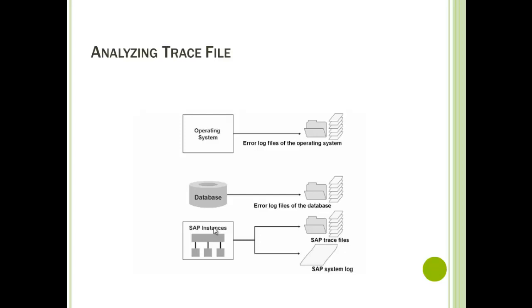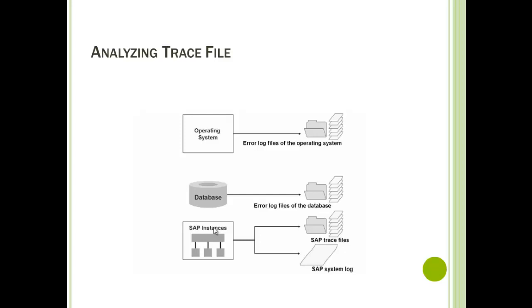On top of all these things, inside SAP you can also check the logs. When we go deeper into SAP, you will see that you really do not need to get into the operating system and database when you are working in an SAP environment.